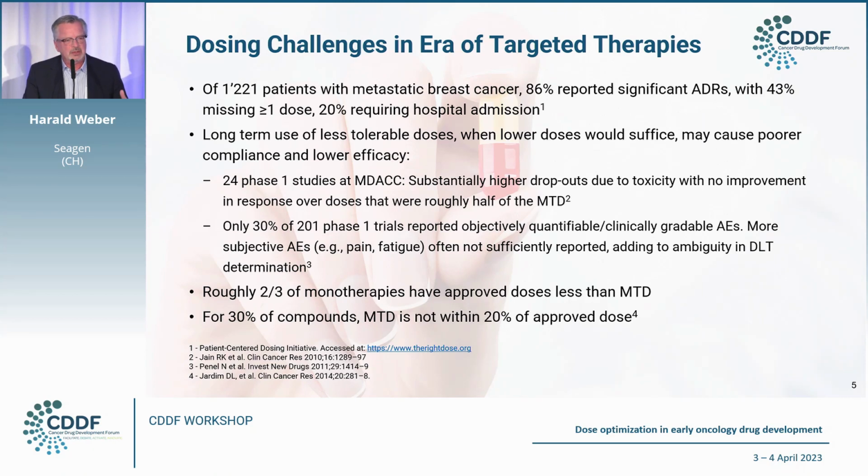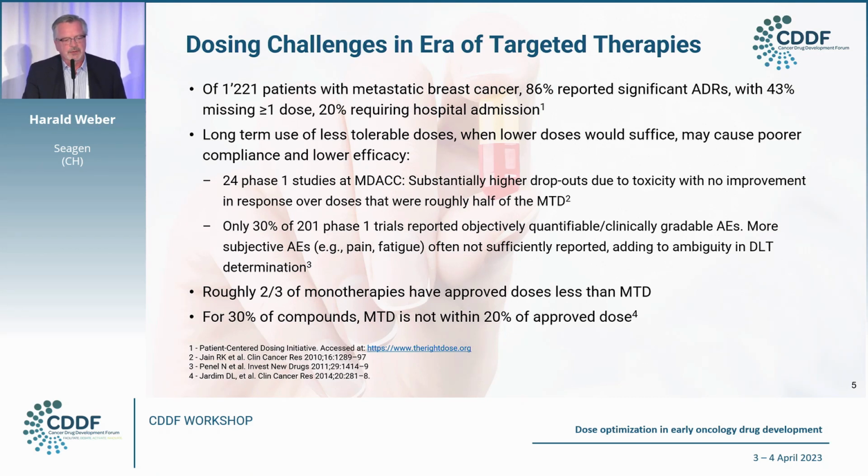We need to look not only into the grade 3 and grade 4 adverse events or adverse drug reactions, but also get a better picture of the subjective adverse events, pain, fatigue. Axel, you mentioned this also in the introduction.